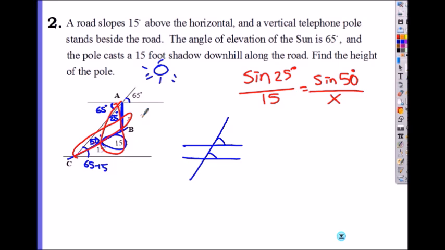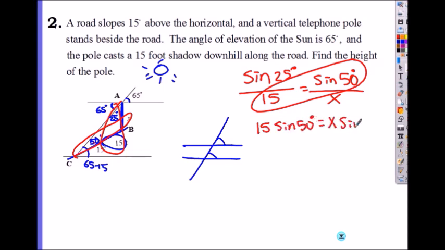So from here, same thing, you cross multiply. So 15 times sine of 50 degrees equals x times sine of 25. Then you divide it by sine of 25.